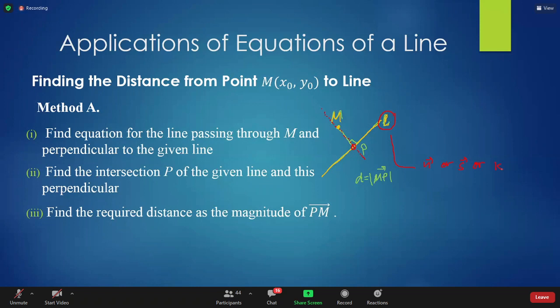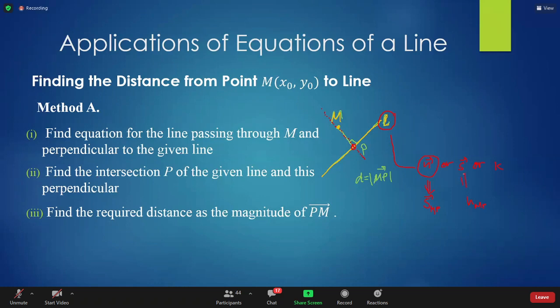So for the line, we have n or s or k, which means if we have the given line's normal vector, from there we can find the direction of the line MP. If we have the direction, it will be the normal vector of the line MP.